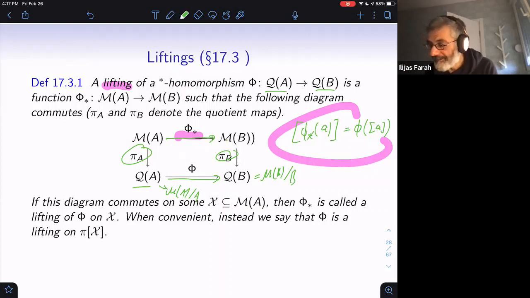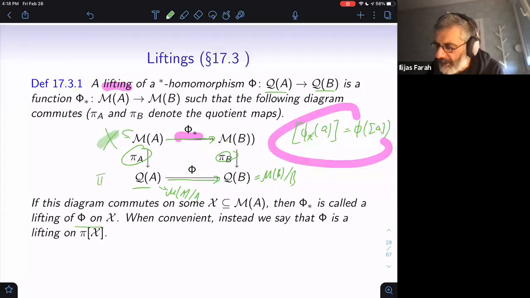Another sub-definition: if the diagram commutes only on some subset X of the multiplier algebra, then phi star is a lifting on X. And sometimes, instead of thinking of X upstairs in the multiplier algebra, we look at pi of X, which is inside the Calkin algebra, and talk about phi as a lifting on pi of X. Two important situations in which we look at liftings on X. Number one, if you have a lifting on the unit ball, you know everything, because C*-algebras are homogeneous.